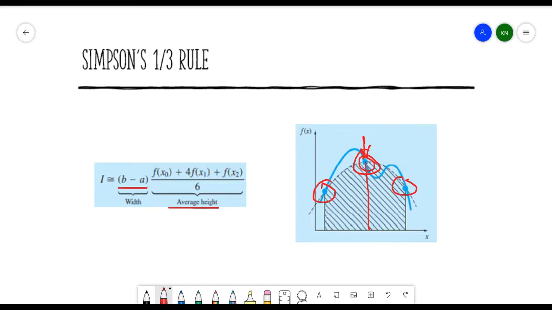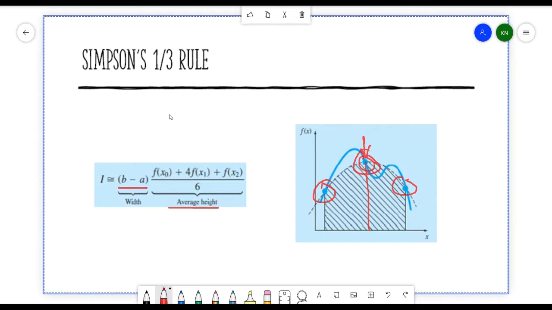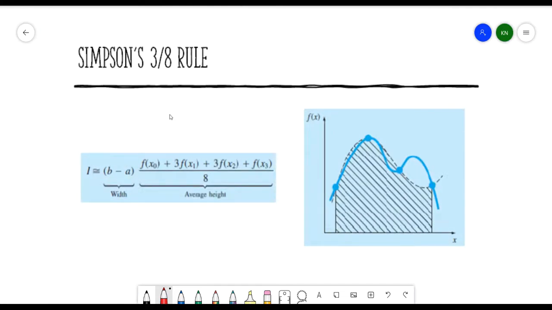We also have the Simpson's 3/8 rule, which has b minus a as the width, and we also have f of x sub 0 plus 3 times f of x sub 1 plus 3 times f of x sub 2 plus f of x sub 3.